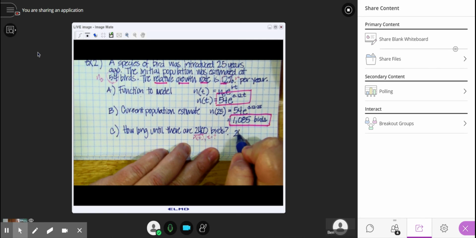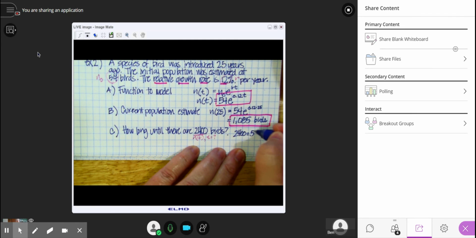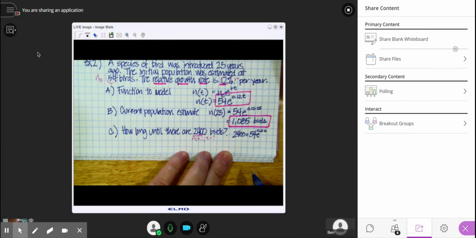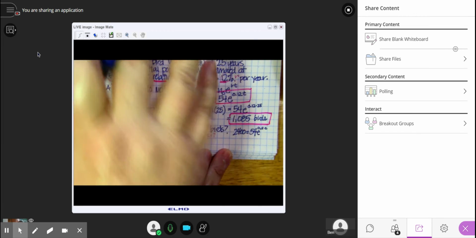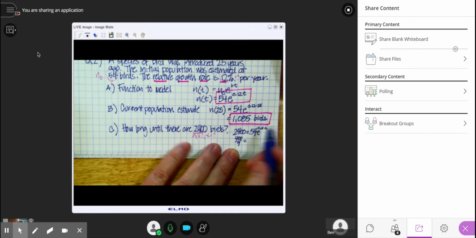So we're going to have 2,400 is equal to 54 e to the 0.12 t. So again, just like the last one, I need to get this e to the exponent alone. I'm going to divide both sides by 54. As a reduced fraction, this is 400 over 9, e to the 0.12 t.